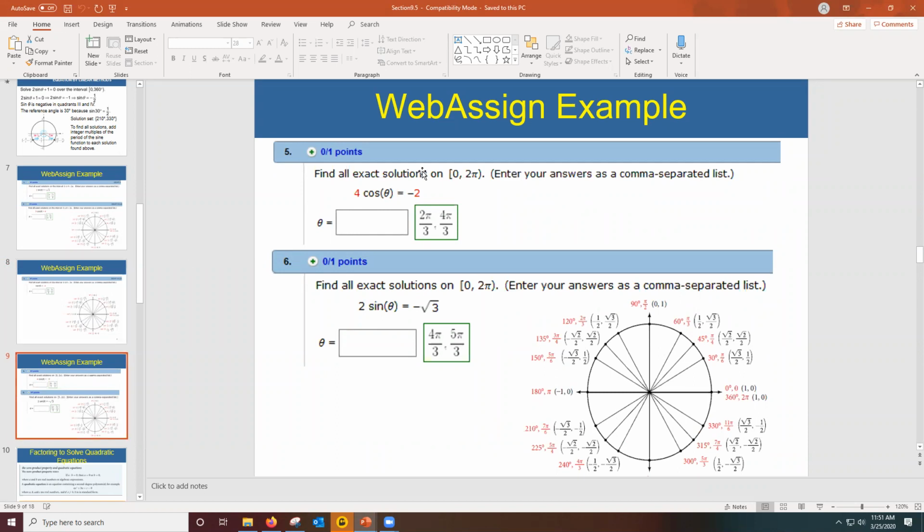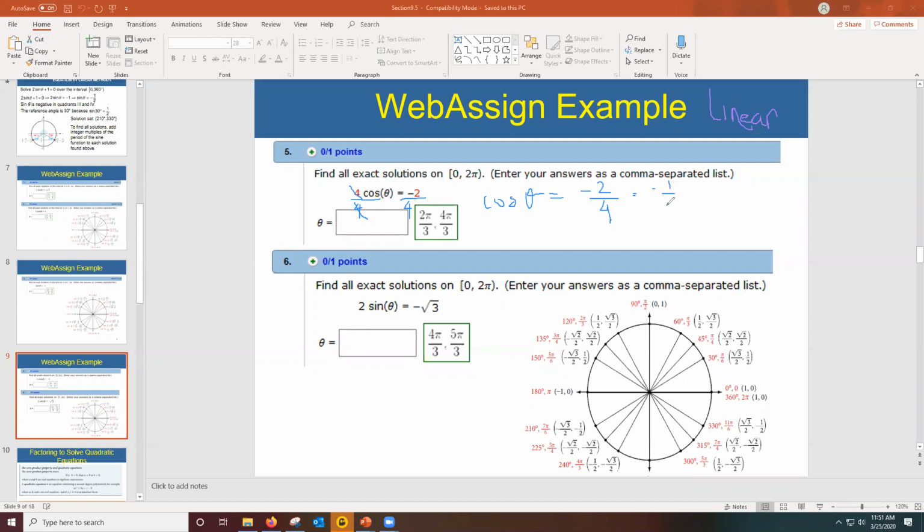And again, I'm noticing these two examples on this slide are both linear examples. So if they're linear examples, all I'm going to do is try to get the trig function all by itself. So let me come over to this one. I want to get cosine by itself on one side of the equation. To do that, I'll divide both sides by 4. When I do that, I'm getting cosine theta equals negative 2 over 4. But that's negative 1/2.